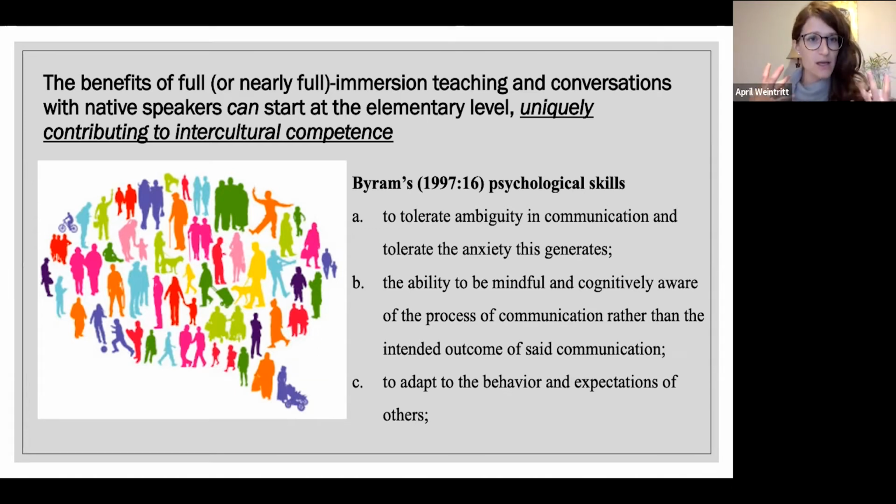This should be one of your prime motivators for why you are engaging in full immersion teaching in Italian in the target language, and you are pursuing intercultural competence, even if the product on your student side is not yet intercultural communicative competence. We are making progress in unique ways in language courses.